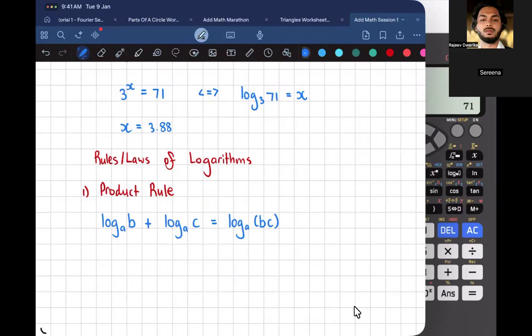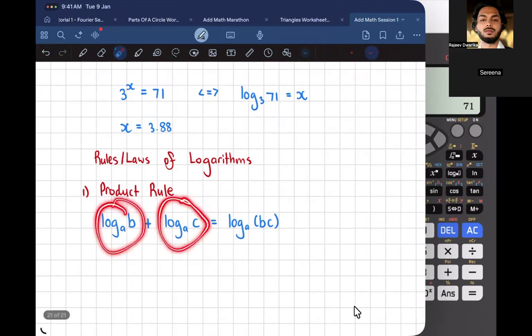So I'm gonna show you it now, right? When you use a logarithm function, what are you finding for, Serena? You're finding for the power. Exactly. So these two things are what? Powers.